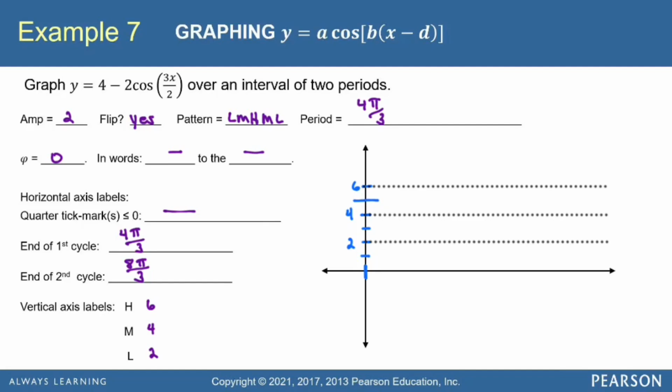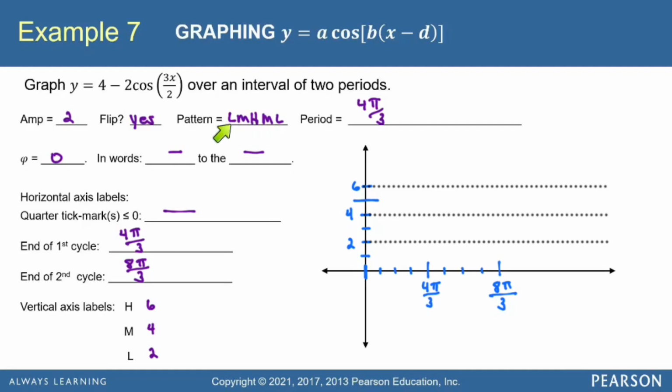So our initial tick mark for the first period we have put at the origin, and then we're going to go 1, 2, 3, 4. Now that's the end of the first period, so that gets the label 4 pi over 3. And then we need to go 1, 2, 3, 4 again for the second period, and that label will be 8 pi over 3. And now we're ready to put the dots.